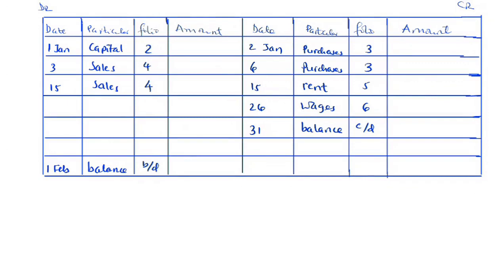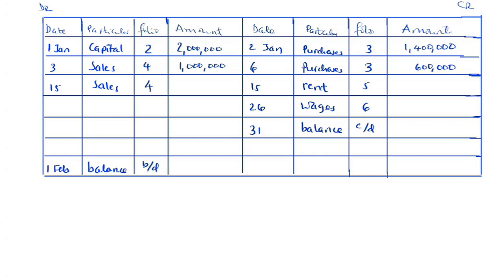Okay, so for the 1st January 2015, we record the cash capital of 2 million. And then on the 2nd January, we record the purchases of 1.4 million. And then on 3rd, we record cash sales of 1 million. Next, we record purchases of goods for cash of 600,000.